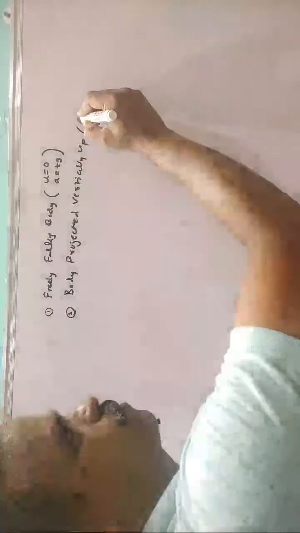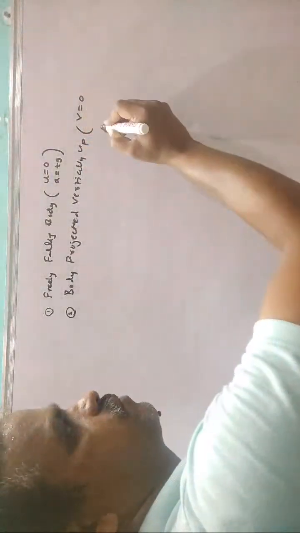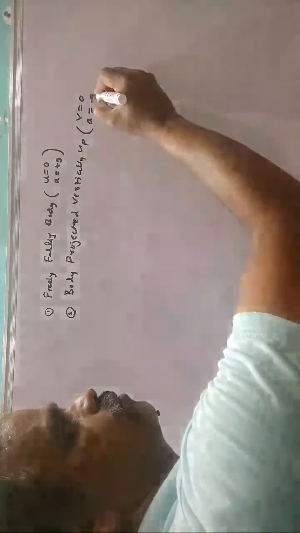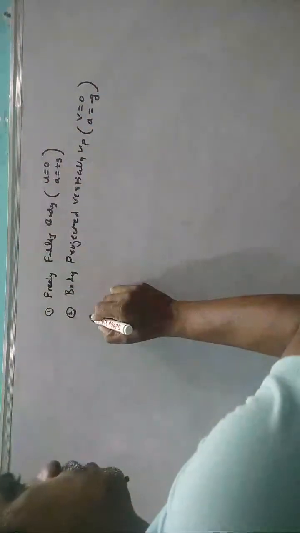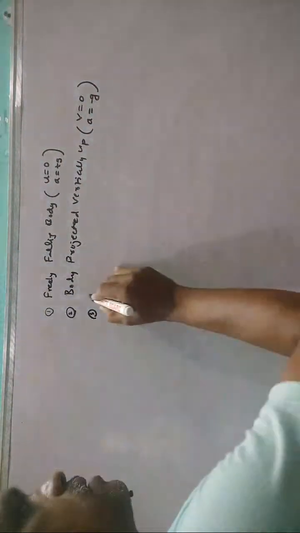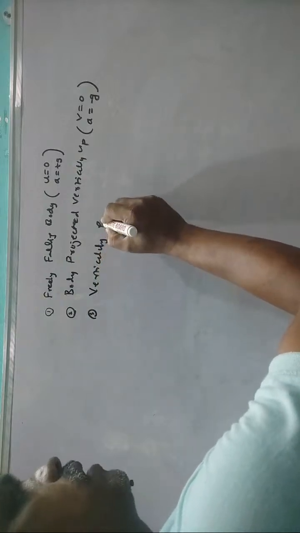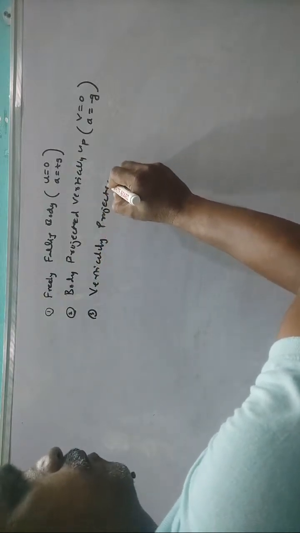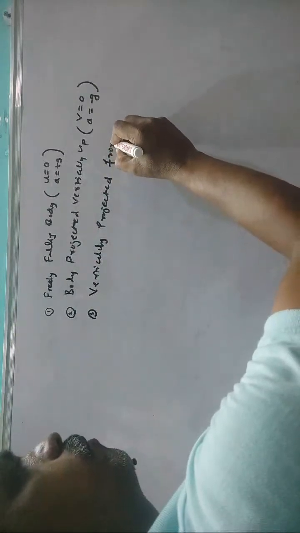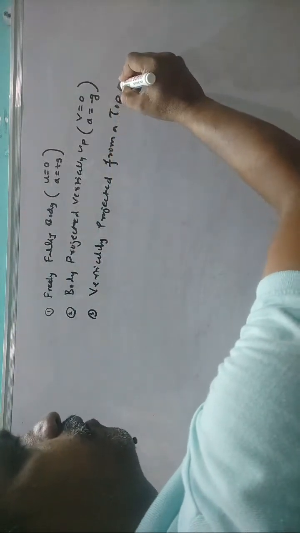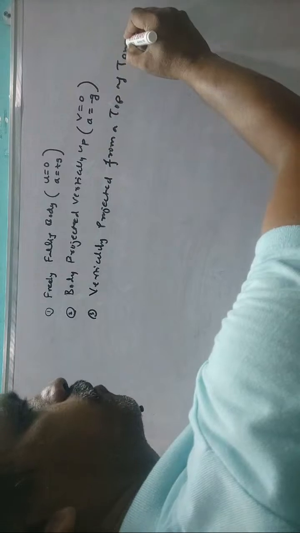So here final velocity 0 at maximum height, a equal to minus g. This is the second case. Now I discussed vertically projected from the top of a tower.